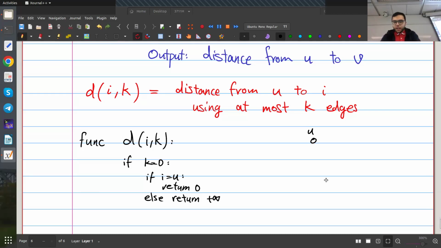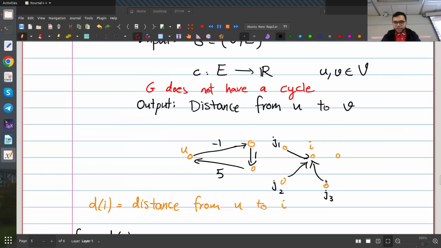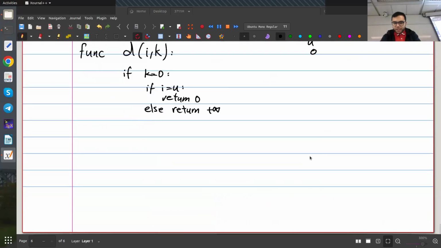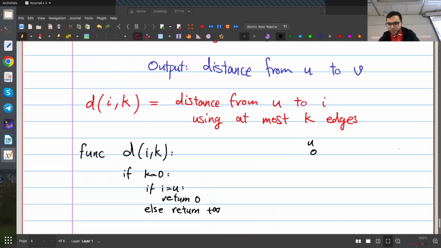But in general, I can do the same argument as here. Let's say I want to reach vertex I, and I want to reach it in at most k steps. So I want to find a path that goes from U to I, and it has at most k steps. Right? I can do a casework on the last edge of this path. I can say, look at all the edges that are coming into I, and the last edge of this path is one of those.